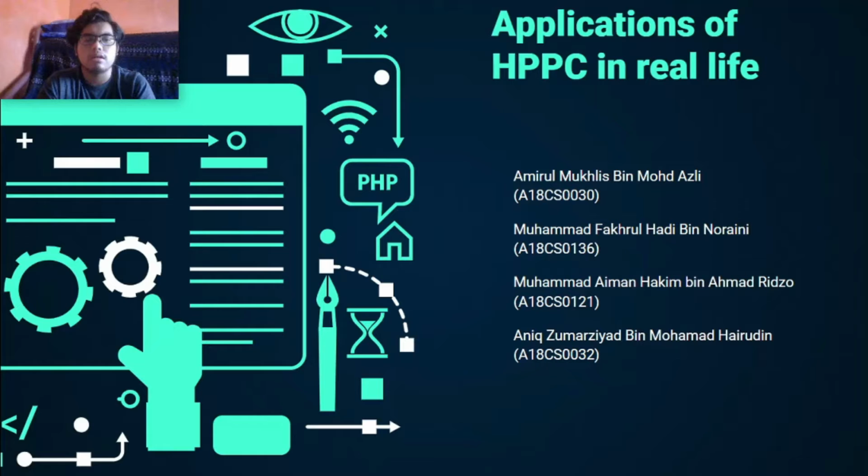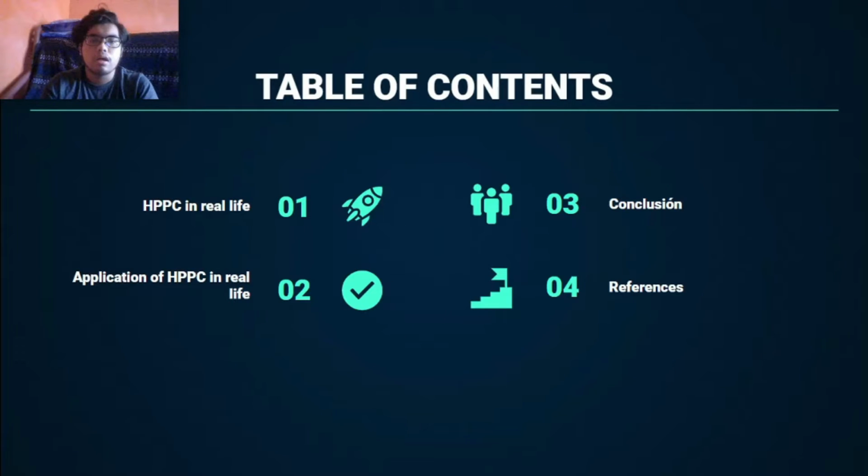In this video, we will give a detailed description of some applications of software that involve the use of high performance and parallel computing in the real world. We have 4 sections in this video. First, this section will describe what HPPC is in real life and its importance in the real world.